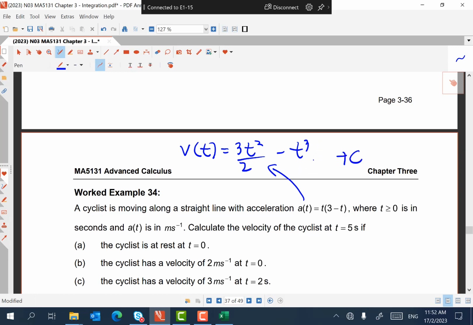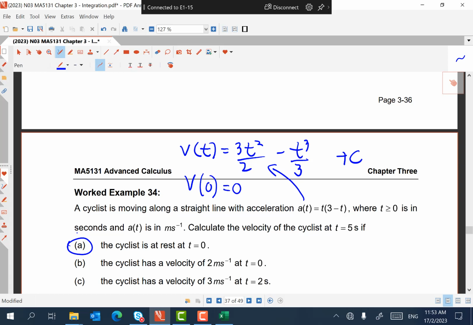And then you find the value of c by making use of the fact that when time t is 0, velocity is 0, like in part A. So one way of doing this question is to first work out the Vt expression and then use the given condition to find the value of the constant.